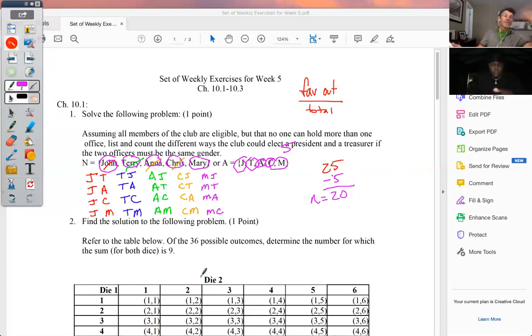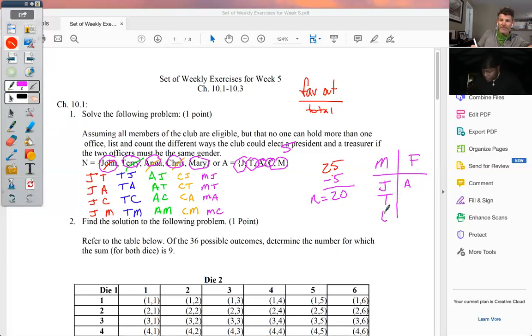All right. So here's my problem. In our gender fluid world that we live in, like, okay, John, definitely a male, right? So when we think about males and females for this situation, John is definitely a male. Terry. Is Terry a boy or Terry a girl? I would say a male. Okay. Anna, pretty straightforward. Anna is more likely going to be female. Chris, male. Mary, female.